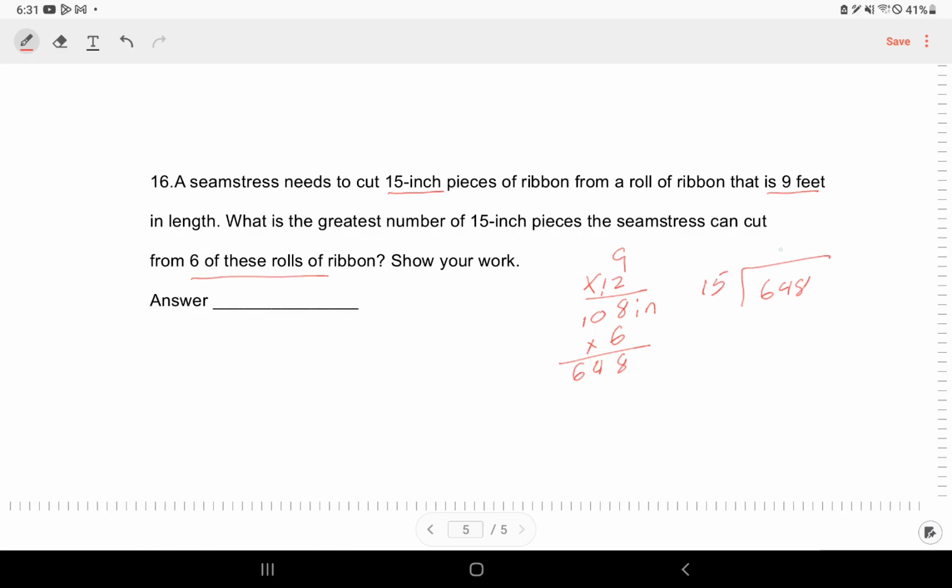I didn't choose these numbers very well because it should have worked out evenly, and I apologize for that. And so 15 goes into 60 4 times with 4 left over. Bring down the 8. Goes in 3 times.